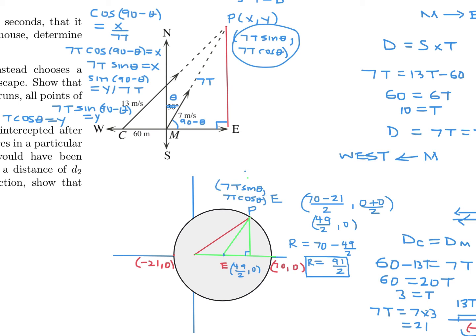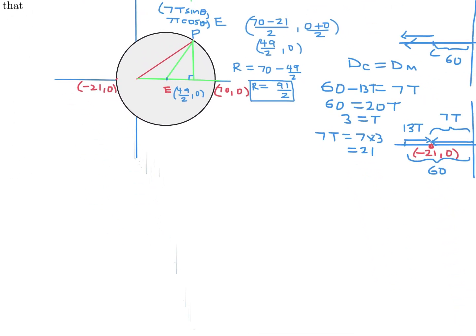Okay, so I think that should be enough to create a Pythagorean relationship on this. Which triangle should I use? Should I use the big one or the small one? I think I'm going to use the small one, this one right here. Okay, so here we go.